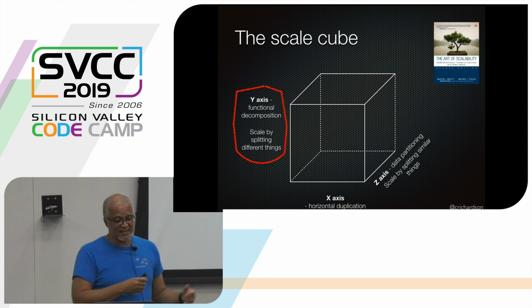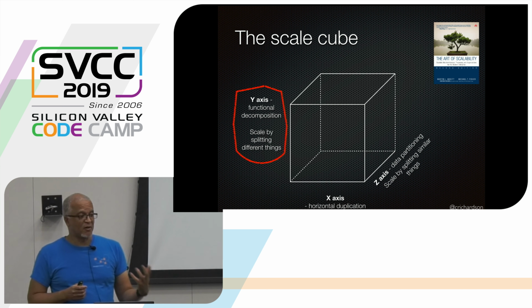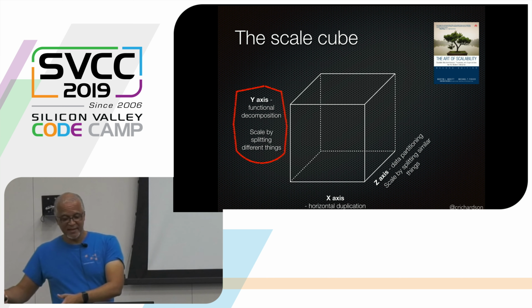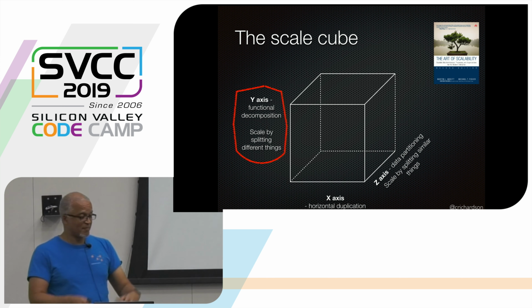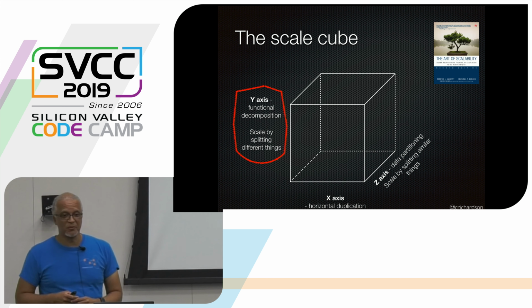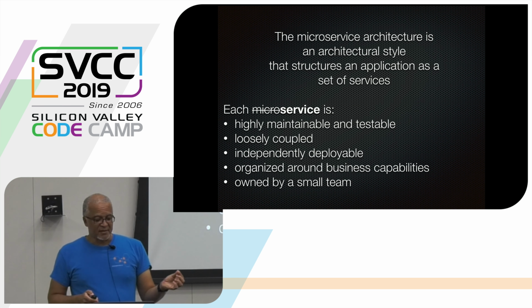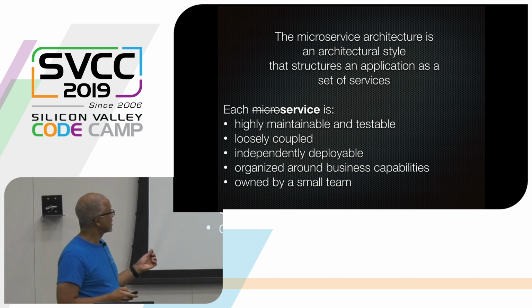And so that's essentially, to me, the origins of the microservice architecture. Don't build some big thing that's difficult to maintain, break it up into a set of smaller pieces. So this then leads to this definition of the microservice architecture.